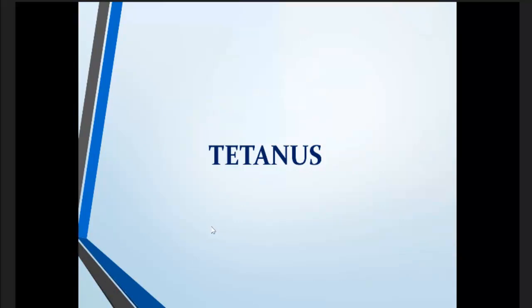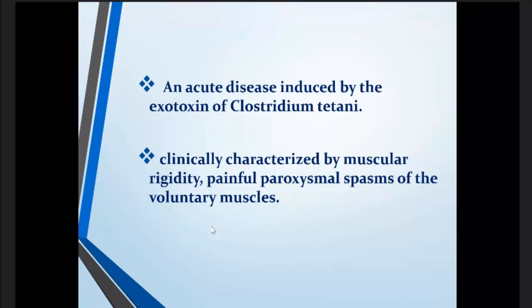The last infectious disease is tetanus. It is an acute disease induced by the exotoxin of Clostridium tetani, clinically characterized by muscular rigidity and painful paroxysmal spasms of the voluntary muscles.